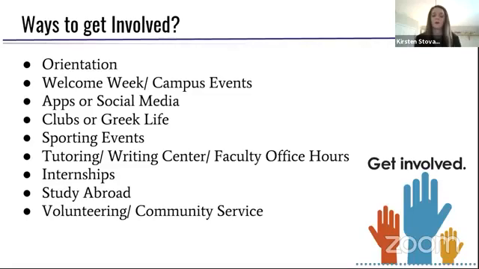You can follow sports news, and a lot of times the college programs, so political science, business, things like that. There's also Greek life, sporting events, going into the writing center, faculty office hours, tutoring, either you tutoring someone or going to tutoring, internships, study abroad, volunteering, community service.